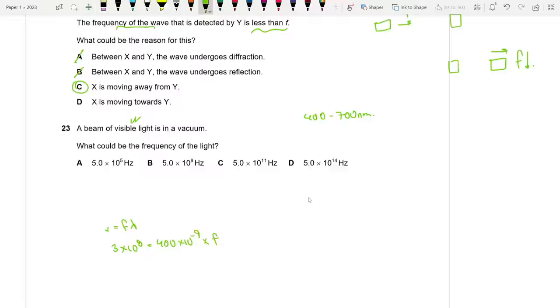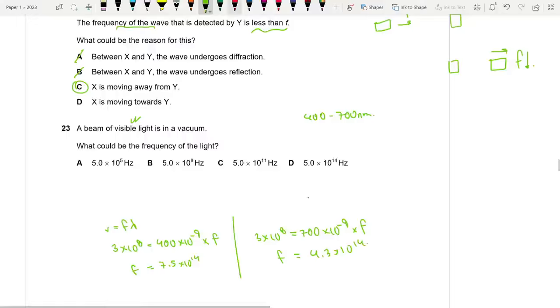So let's find it out. 3 into 10 to the power 8 divided by 400 into 10 to the power minus 9 gives us an answer of 7.5 into 10 to the power 14. That is one end of the spectrum. On the other hand, 3 into 10 to the power 8 equals 700 into 10 to the power minus 9 times F. So 3 into 10 to the power 8 divided by 700 into 10 to the power minus 9 is 4.3 into 10 to the power 14.